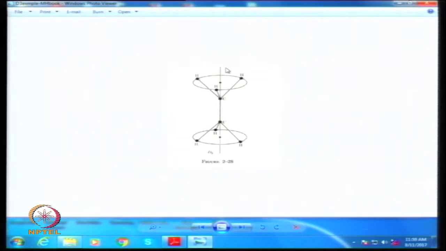There are of course planes that pass through. Oops, no, I'm sorry, I'm reading this wrong. So there is this hydrogen which is, let us say, towards us in this ring, but then in the bottom one the hydrogen is behind. So this is actually the case of having to rotate and then reflect.